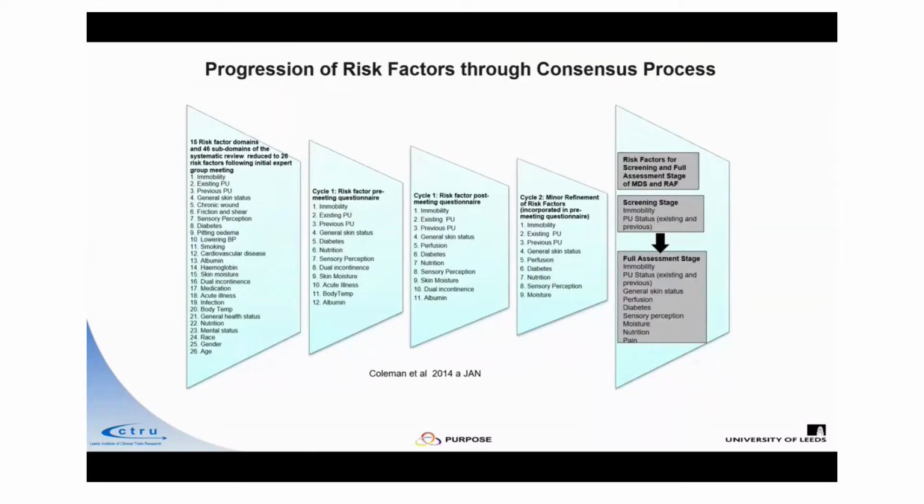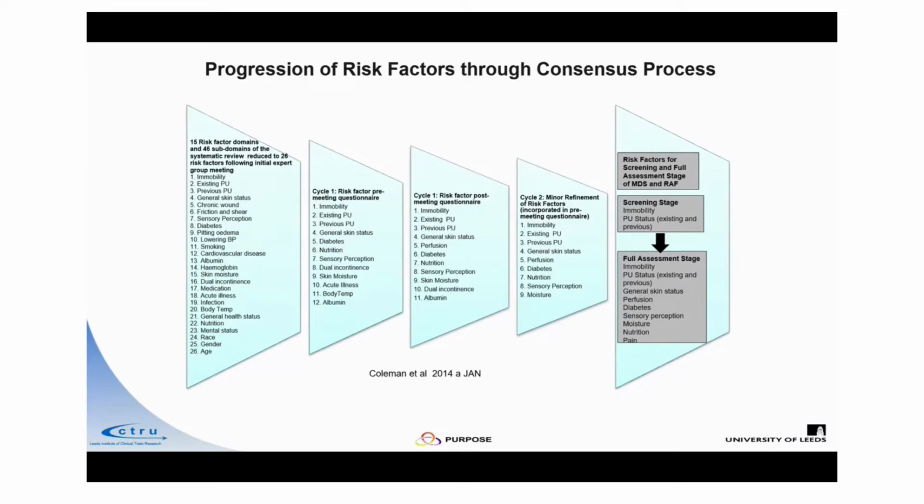And so in the consensus process, we had 3 meetings overall. The first thing we did was reduce this massive number of 250 different variables that were cited in the literature, which we'd included in 15 risk factor domains and 46 subdomains. And with each consecutive cycle, we reduced that number down to 7.